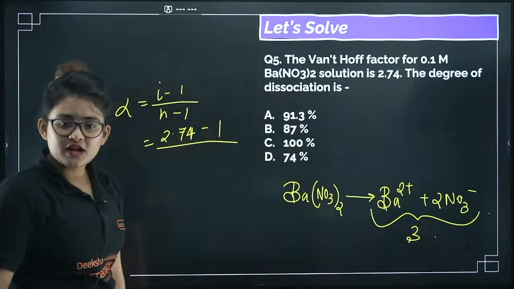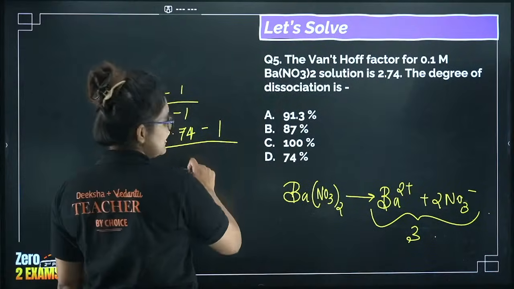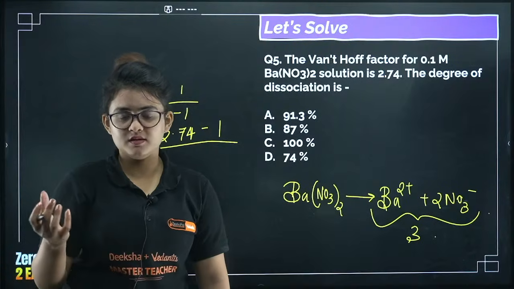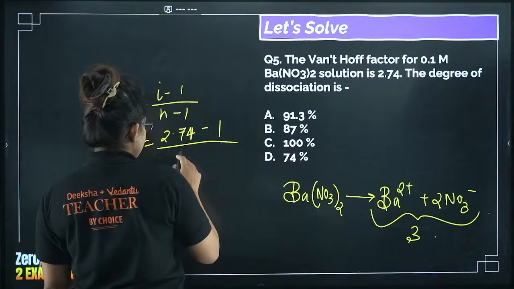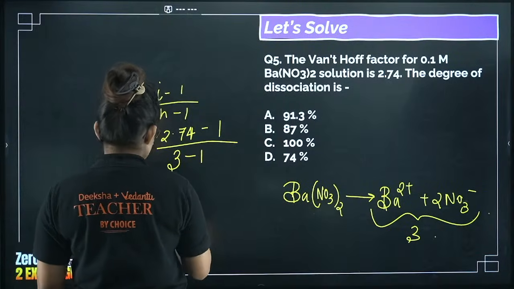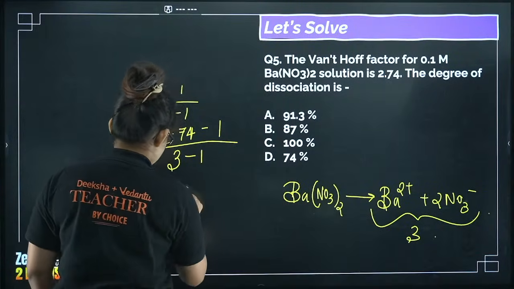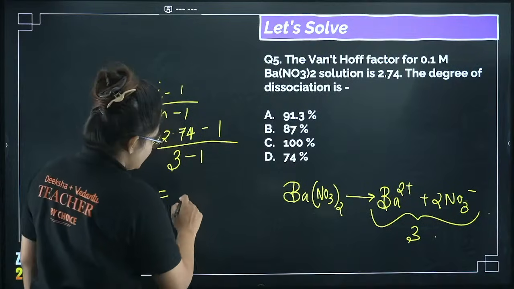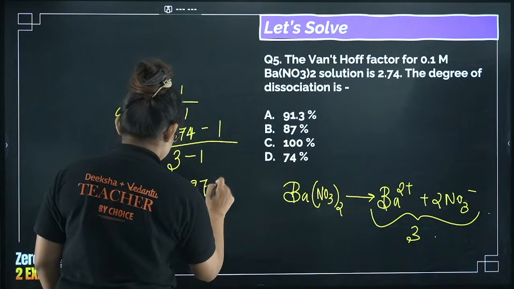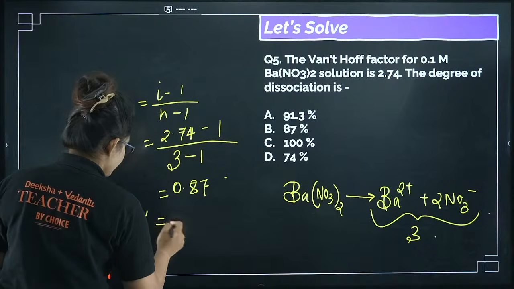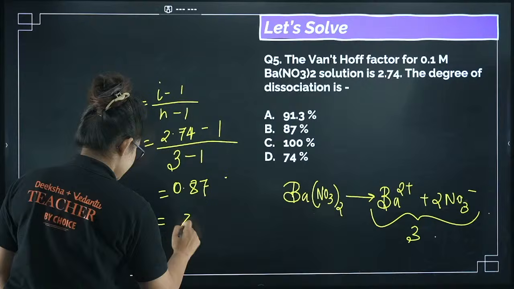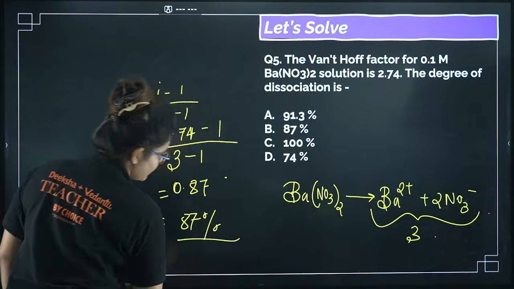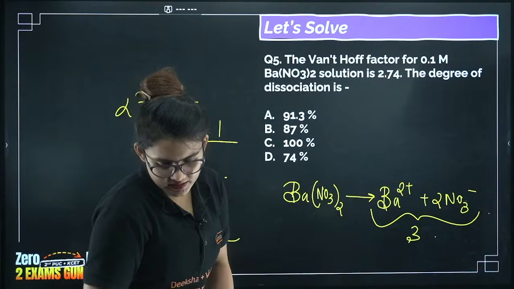The n is the total number of particles after association or dissociation, so it is 3 minus 1. If you calculate, it will come as 0.87, and if you want the percentage, alpha is 87%. I guess it's clear to you. Let's proceed.